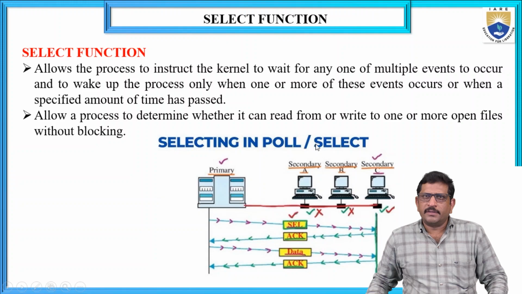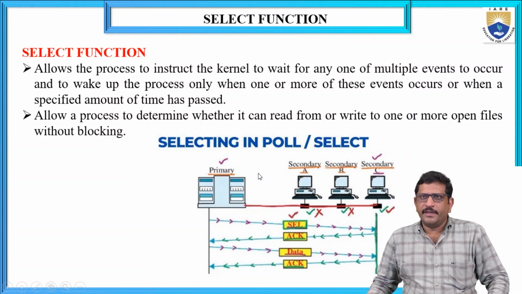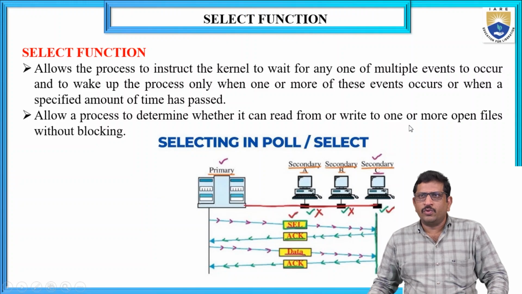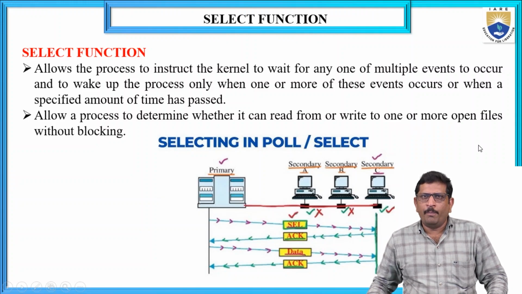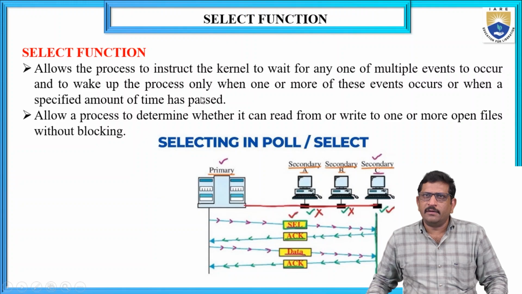The select function allows a process to determine whether it can read from or write to one or more open file descriptors without blocking. So this is about the usage of the select function.